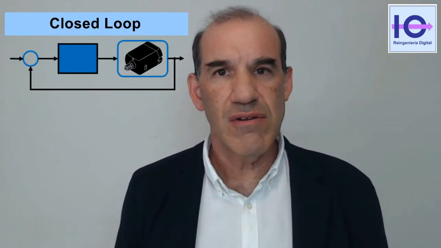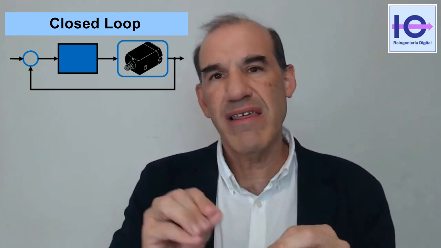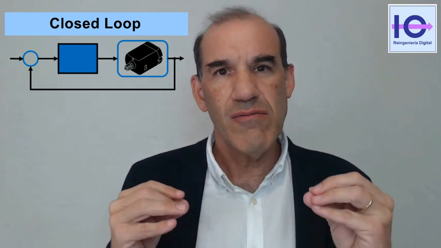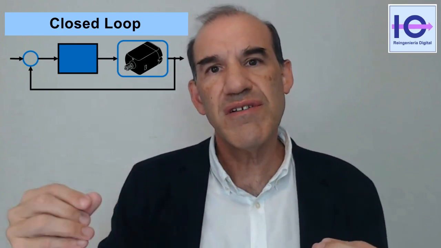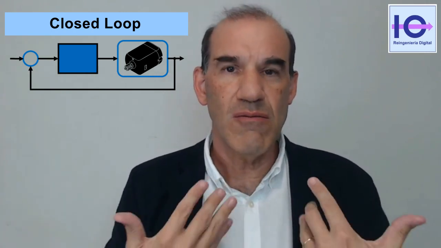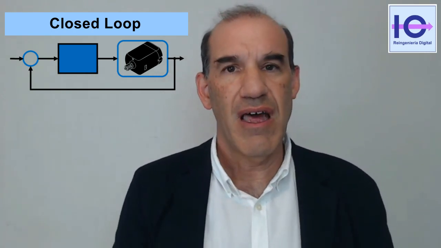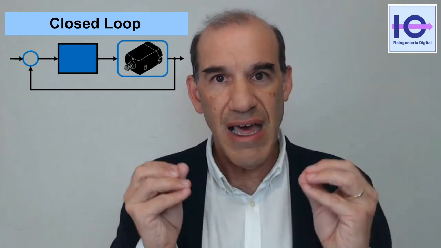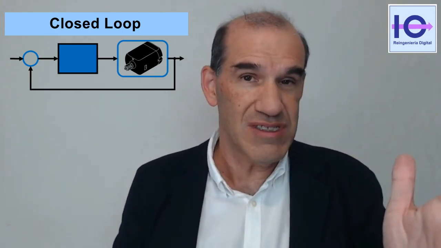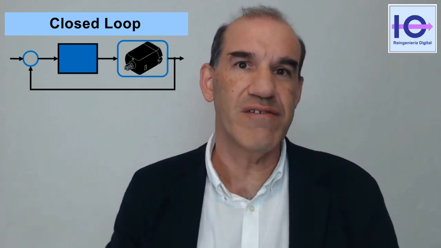In closed loop control, you are not just applying a signal to the engine or whatever, but what you really do is measure the output and compare that with your objective, with the output you really expect. And so the controller really acts on the error, the difference between what you want to achieve and the real output.